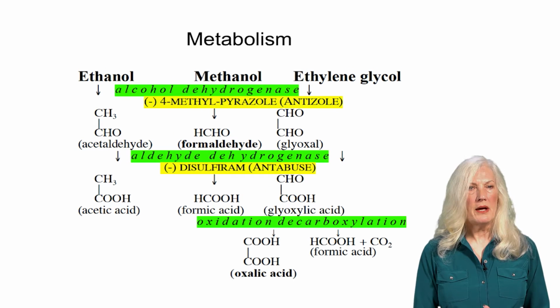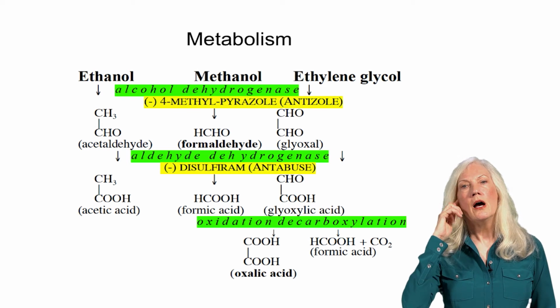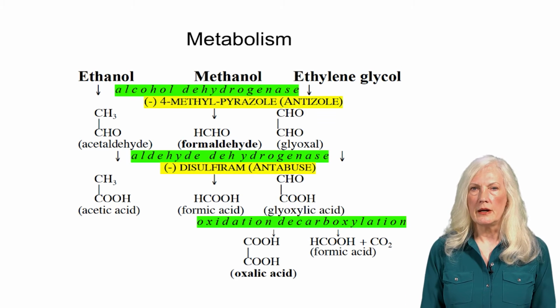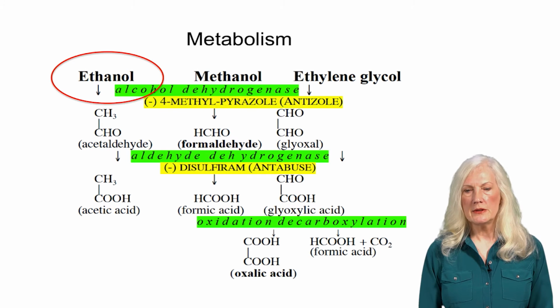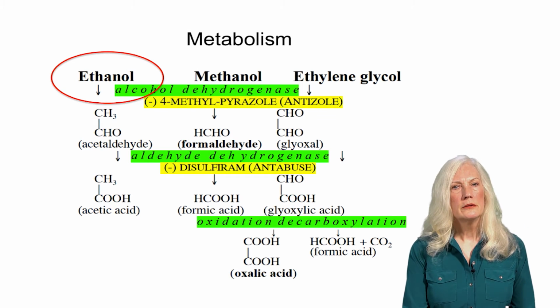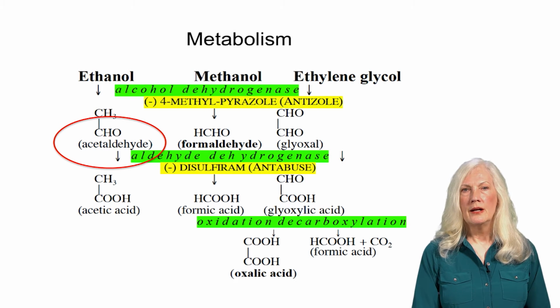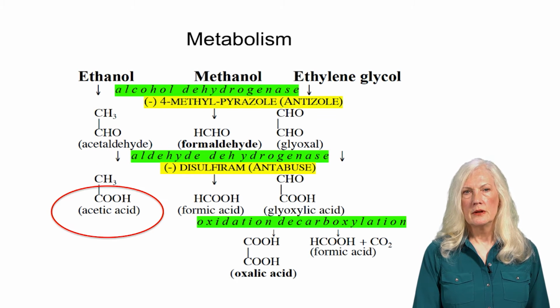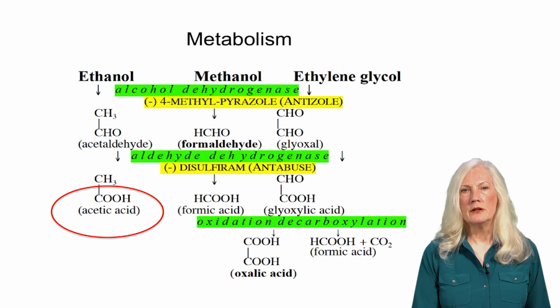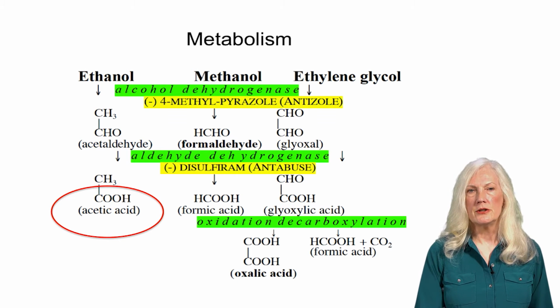Because ethanol, methanol, and ethylene glycol are metabolized by the same enzymes, we can show them on the same slide. Ethanol is converted to acetaldehyde by alcohol dehydrogenase, and then to acetic acid by aldehyde dehydrogenase.